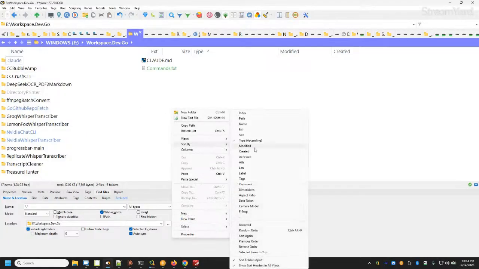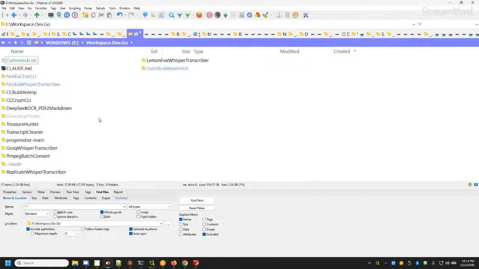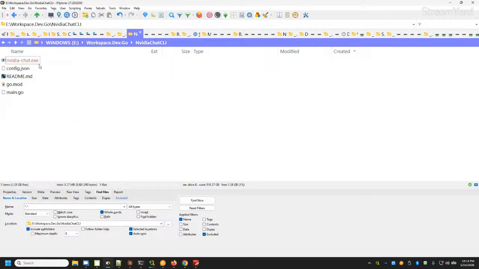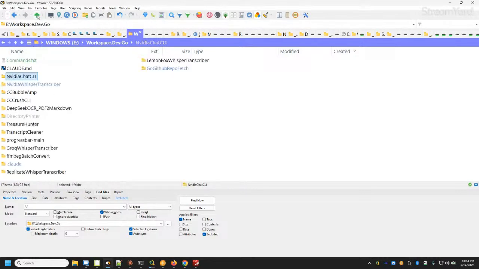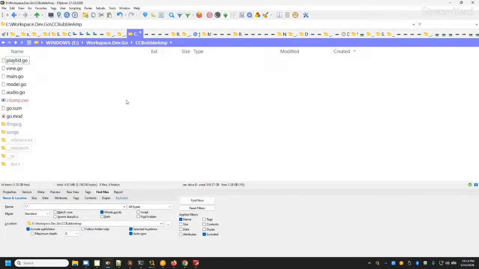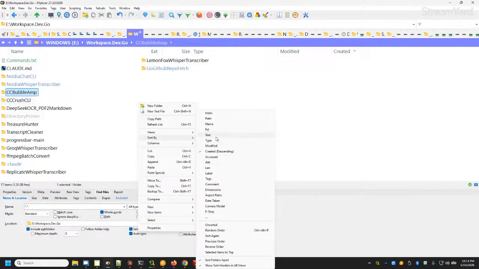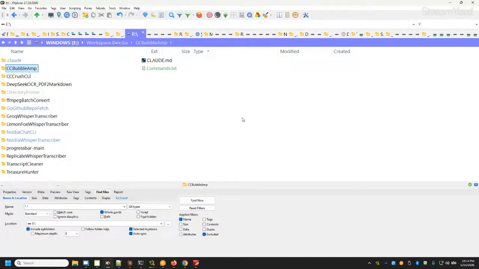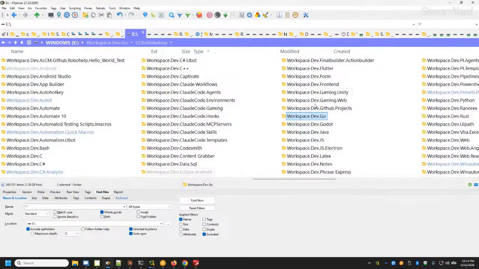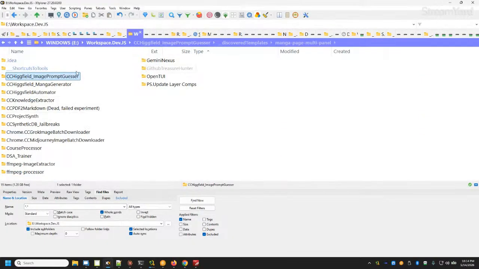Hold on. NVIDIA Chat CLI. Is that really what I call it? No, it's not. Is it not that either? Where'd I go? Where did I put it? All right, let me go in. So many damn projects.